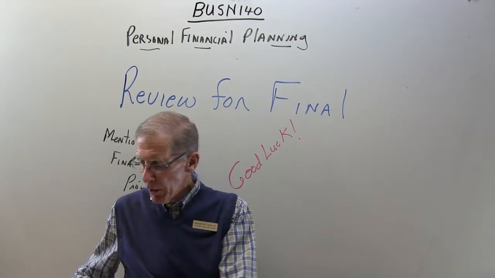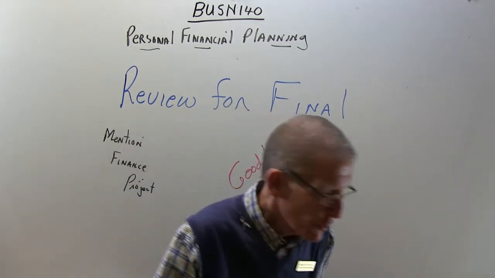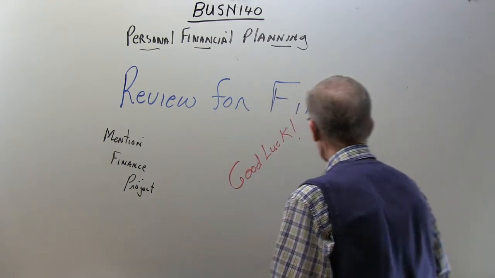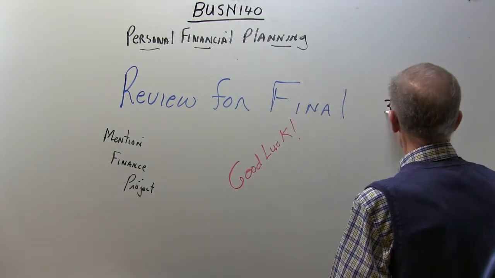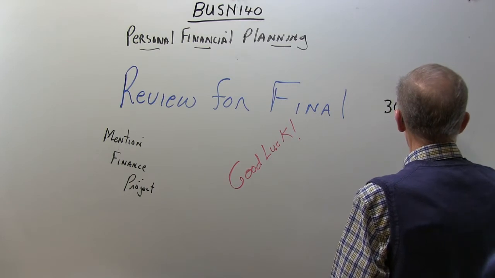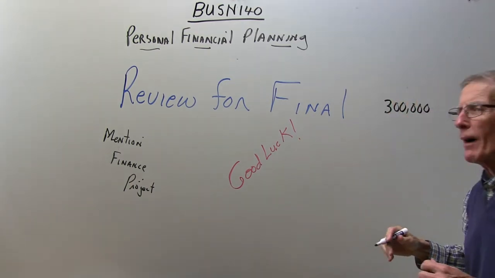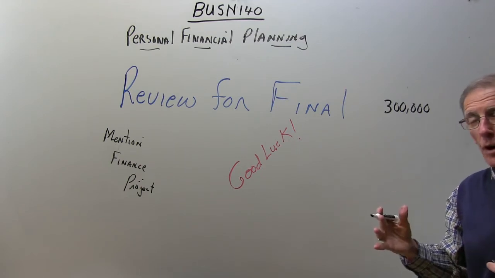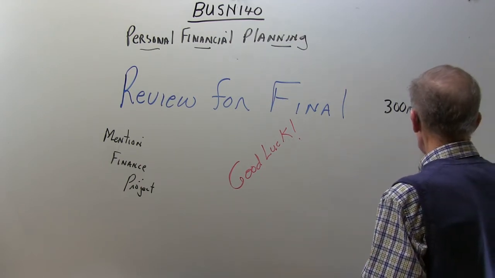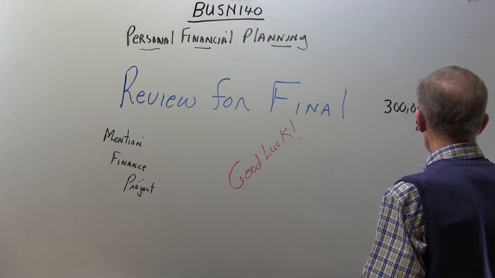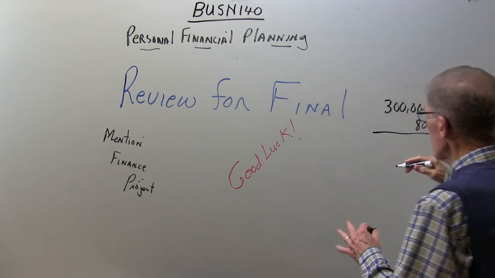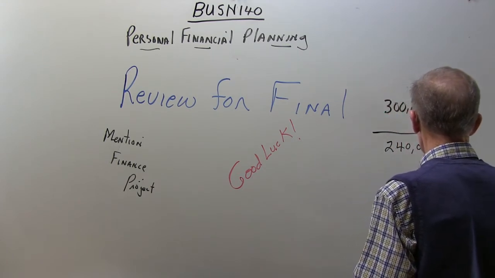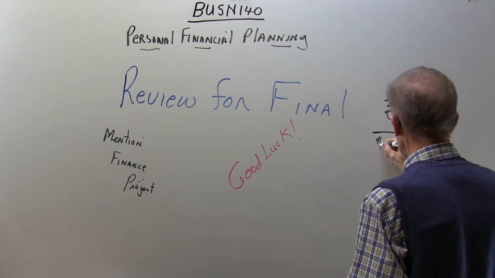So if replacement cost of your home is $300,000, your insurance company says you have to buy 80% of the value to get full coverage. So if you want full coverage on that house, you have to buy $240,000 worth of property insurance.